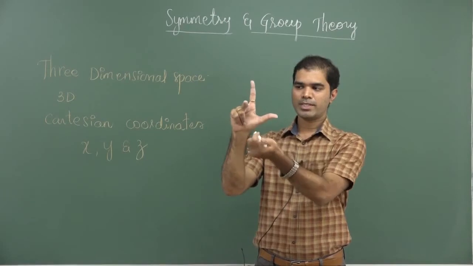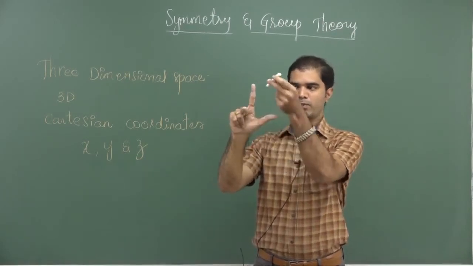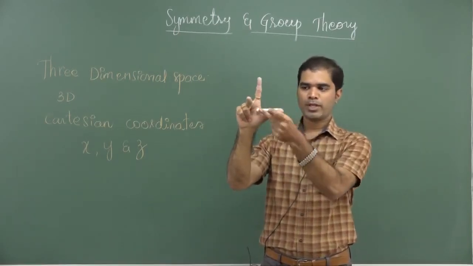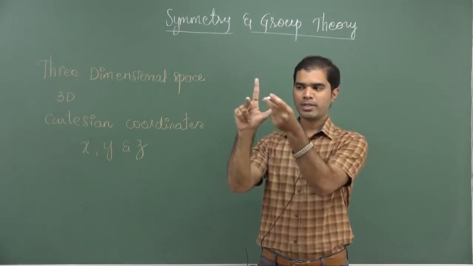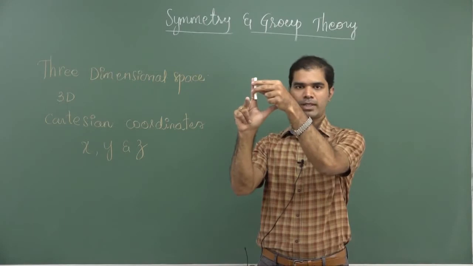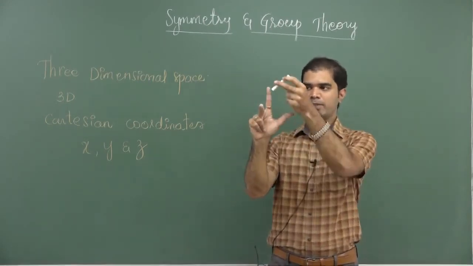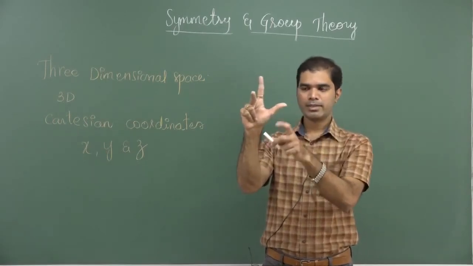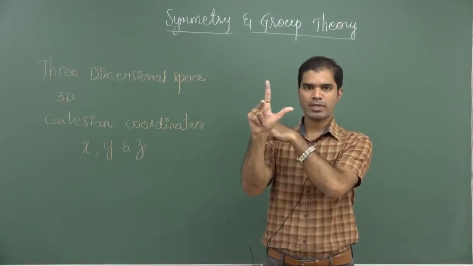If this is the center point, then one half is towards you. You have to imagine the other half is away from you. From that point, one half is towards your right, the other half will be towards your left. From this point, one half is above, the other half will be below. Okay. So this I call plus coordinate, minus coordinate, plus coordinate and minus coordinate.